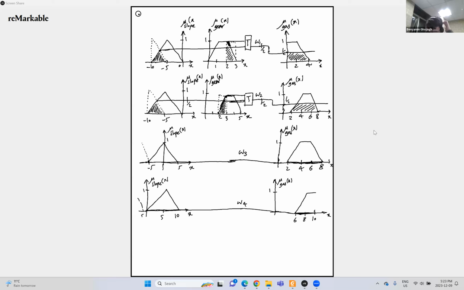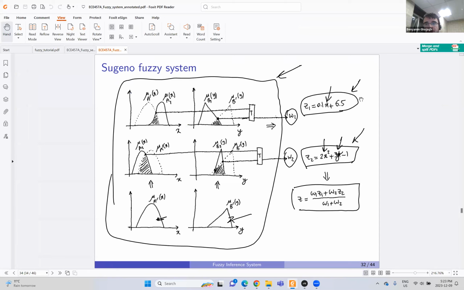Okay, so for Sugeno, I couldn't copy the fuzzified signals here because it was too big. Anyways, this was Sugeno, right? So now we can say this is Z1, Z2.